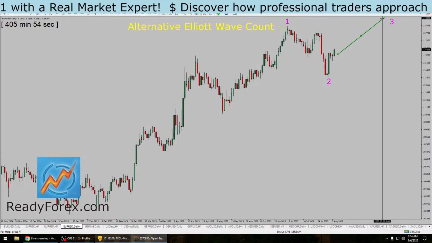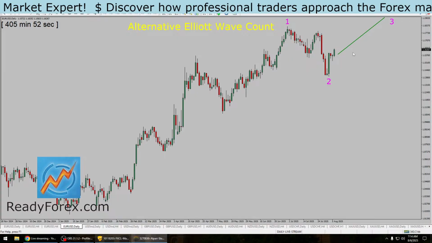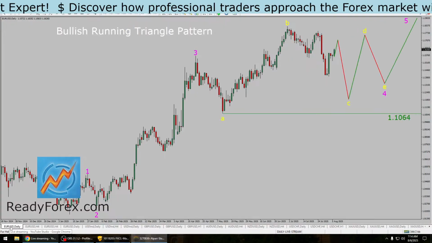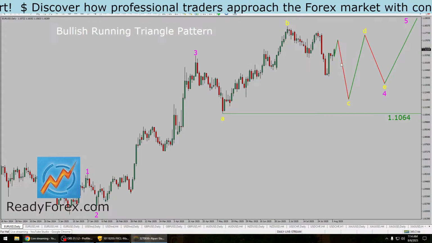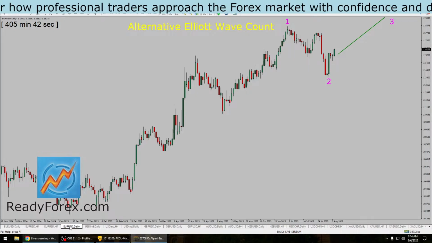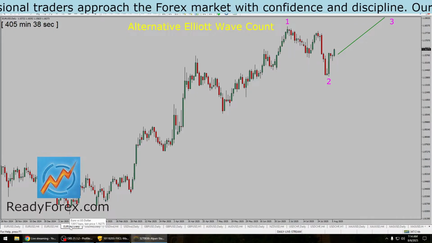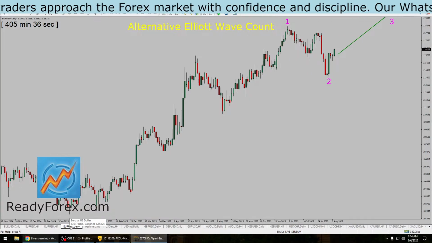This is going to be a bullish wave 3 leg. This is the alternative Elliott wave count and plan B. The preferred wave count, which I showed earlier in euro dollar, is also bullish. Okay, so in both scenarios I'm expecting further upside in the euro USD currency pair.